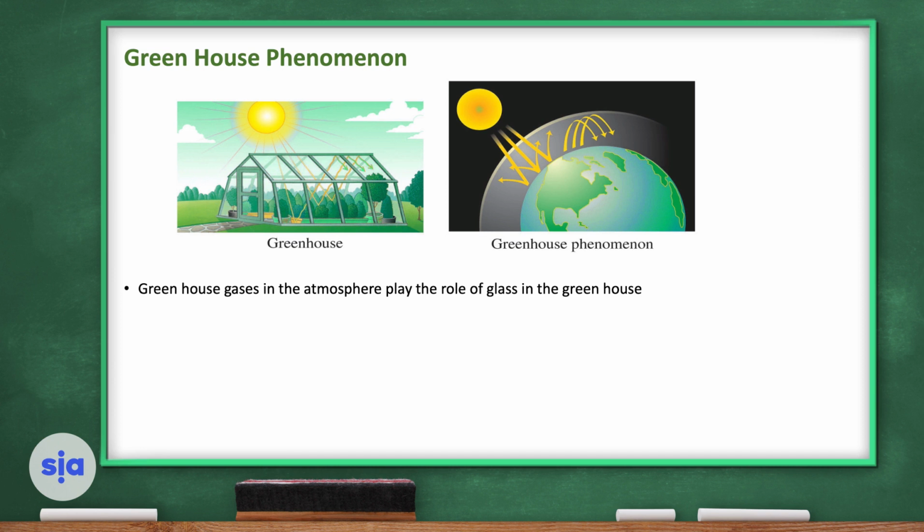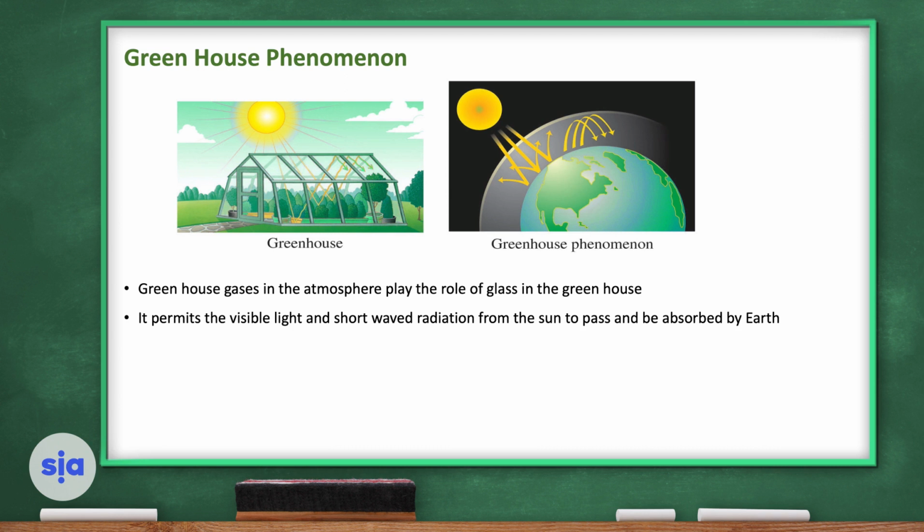Greenhouse gases in the atmosphere play the role of glass in the greenhouse. It permits the visible light and short-wave radiation from the sun to pass and be absorbed by Earth. And then Earth will re-emit the radiation back in the form of infrared radiation.